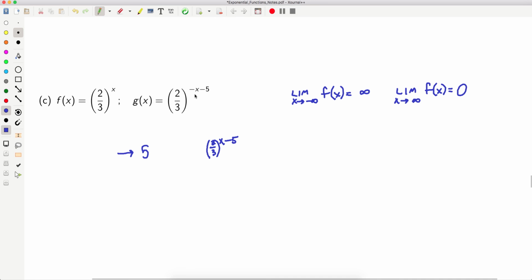And replacing x with negative x, that is a reflection across the y-axis. So it's going to take this previous graph that we just typed in and reflect that graph across the y-axis because we're replacing x with a negative x. So that is a reflection across the y-axis.